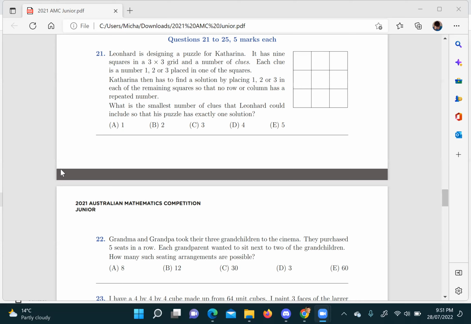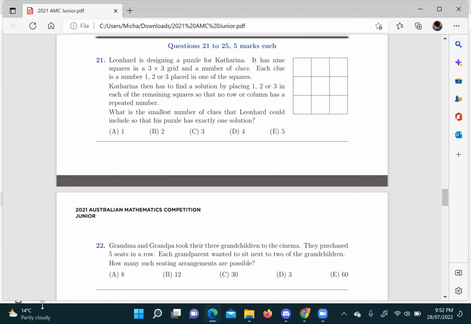I guess it's confusing because it uses the word clues to mean something not obviously what a clue means, and it's specific. So, for example, maybe instead of calling them clues, it's just Leonard writes a certain number of numbers in the grid.